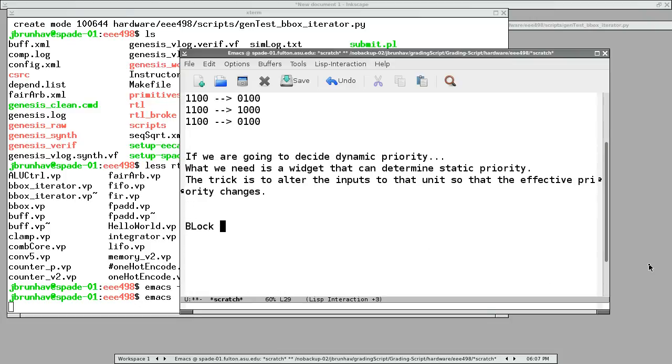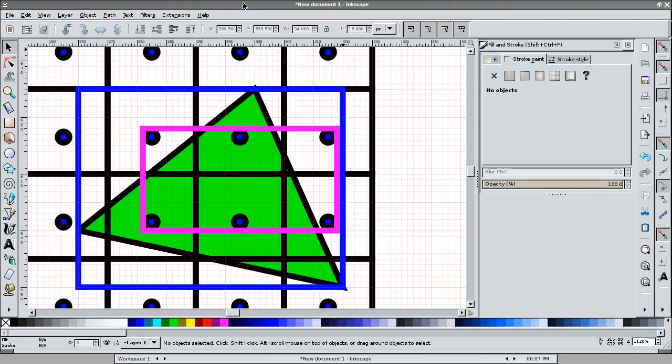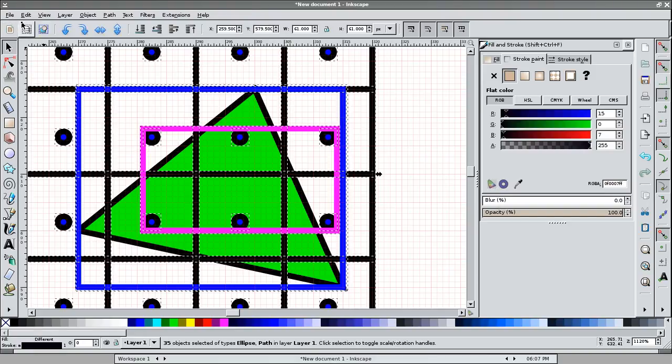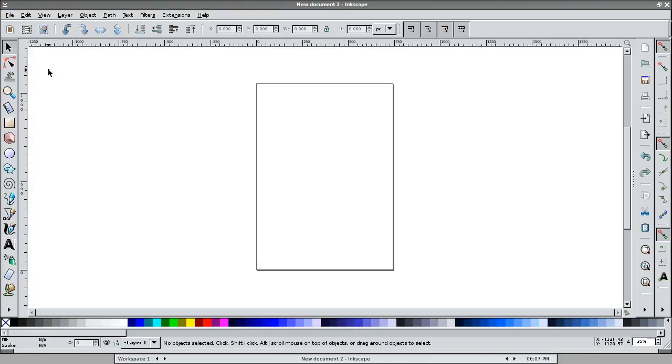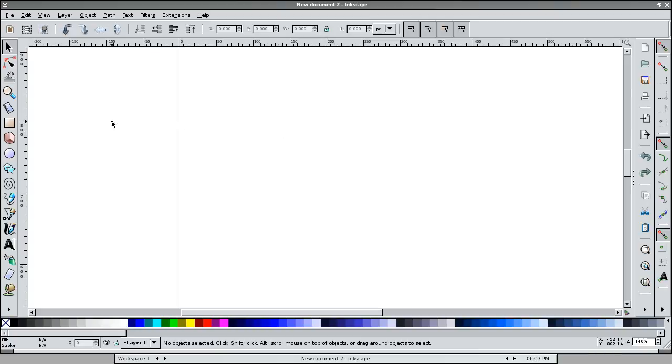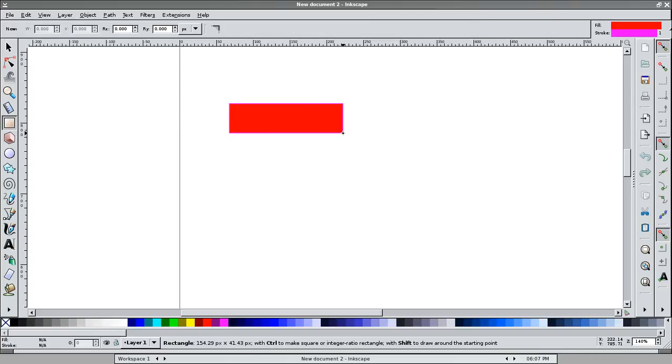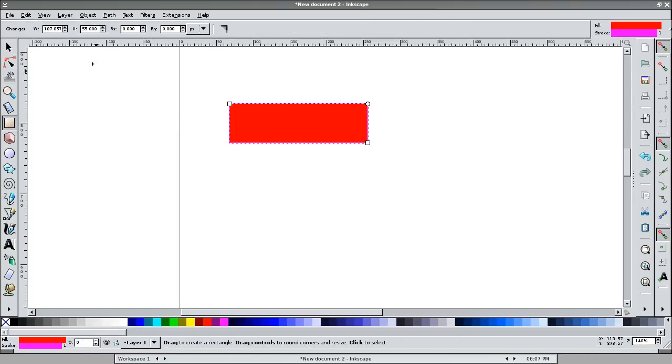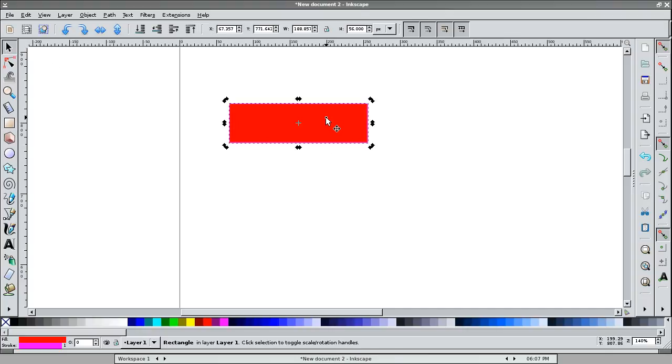So all good structural design begins with a block diagram. Ooh, and I have Inkscape open from before. So let's just open up something. That button didn't do what I thought it did. So we have a new figure. So what we need, oh, that's horrible. Why would you do those colors?